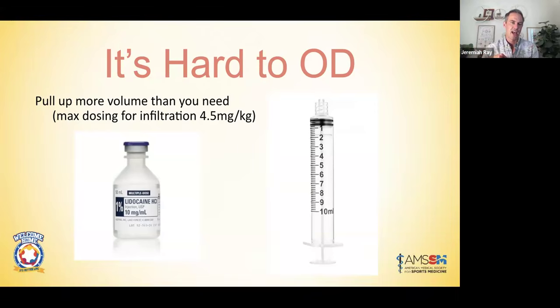And so it's way better to have extra fluid in your syringe just in case. And plus, if you put more fluid around there, you're just going to have a denser block and more rapid onset. So even though some of these blocks only need 3 or 4 milliliters, just pull up a 10 milliliter syringe and have extra on hand.